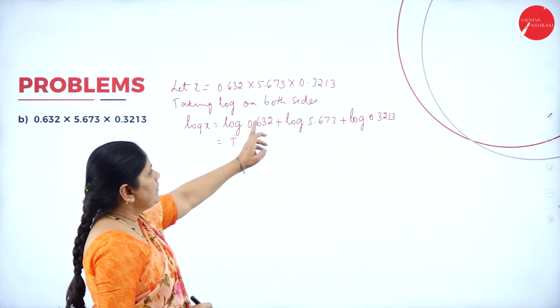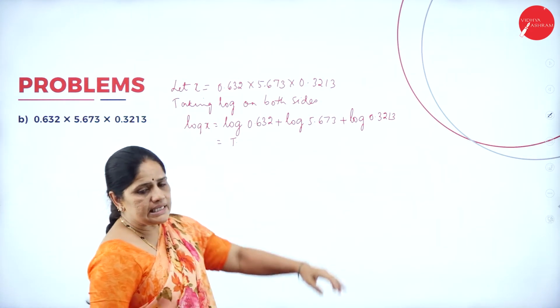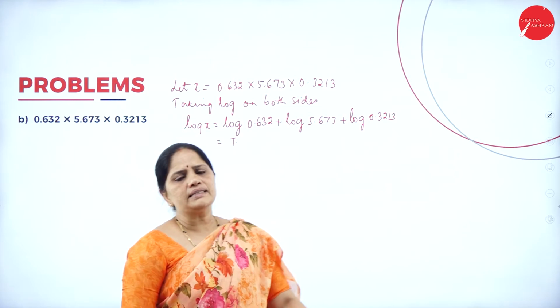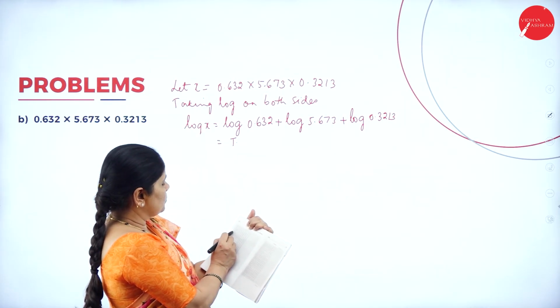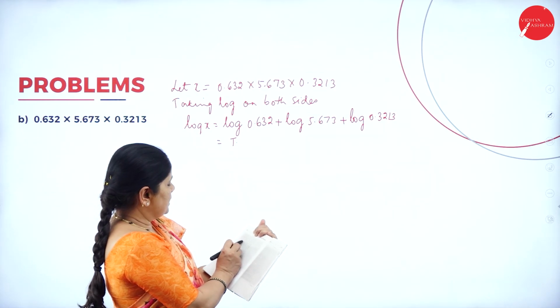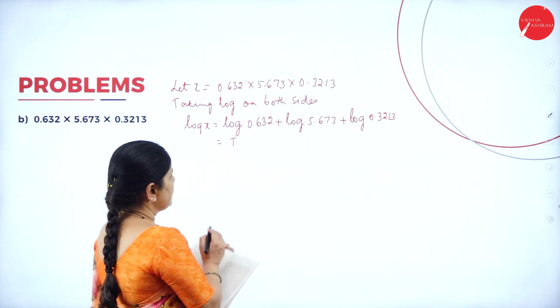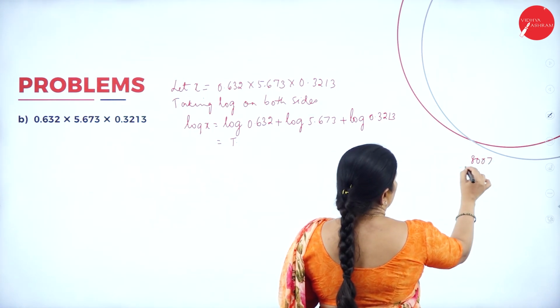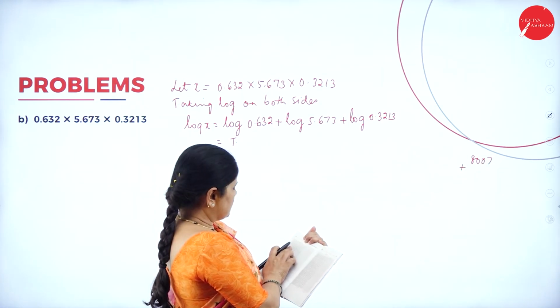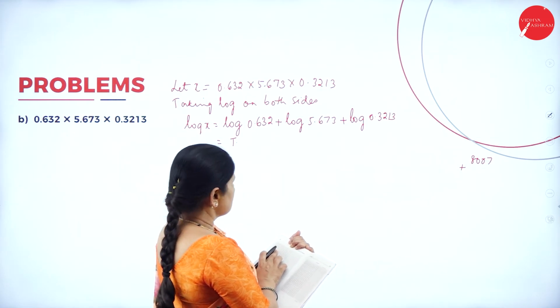Then I find out the value of 632. I take the log table and look up 63 and 2. So this comes up to 8007.